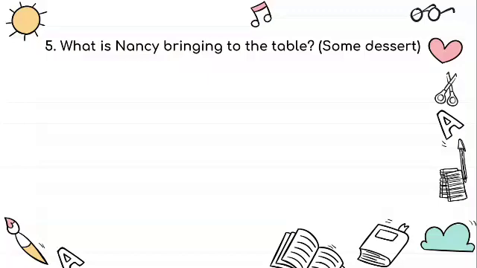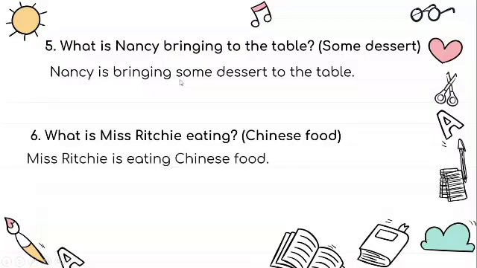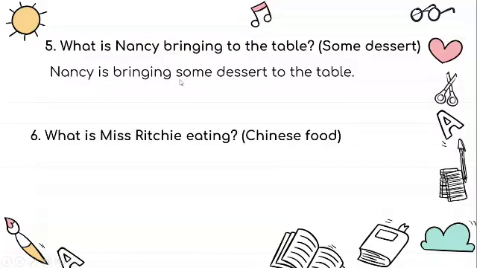So now the answer is Nancy is bringing some dessert to the table. Okay, Nancy, subject, is the verb to be, bringing, the verb with ing form, and then we have the complement, some dessert to the table.